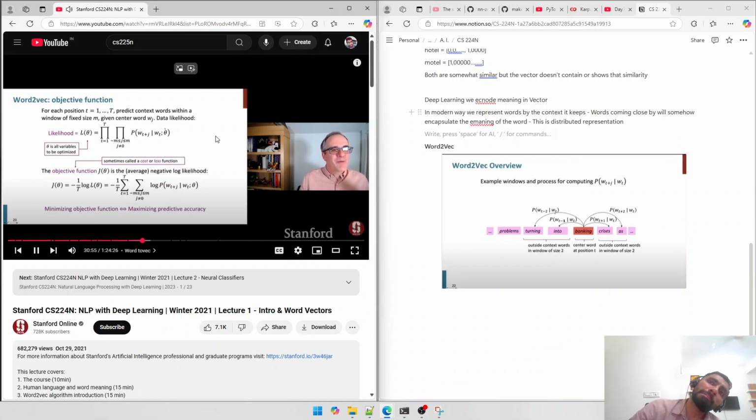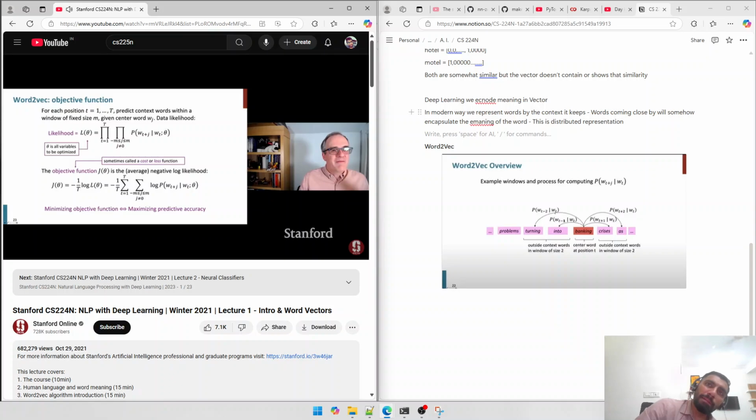So this is the overall model that we want to use. So for each position in our corpus, our body of text, we want to predict context words within a window of fixed size m given the center word wj. And we want to become good at doing that. So we want to give high probability to words that occur in the context. And so what we're going to do is work out what's formally the data likelihood as to how good a job we do at predicting words in the context of other words.